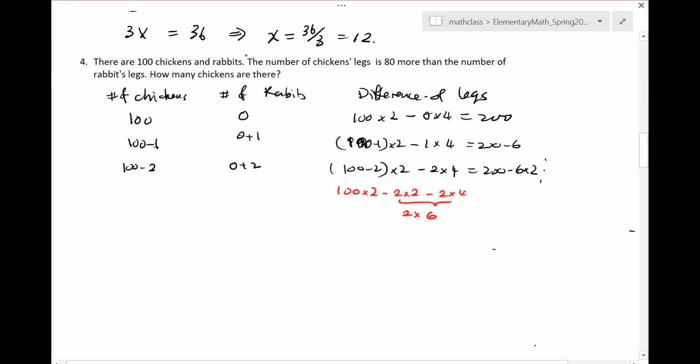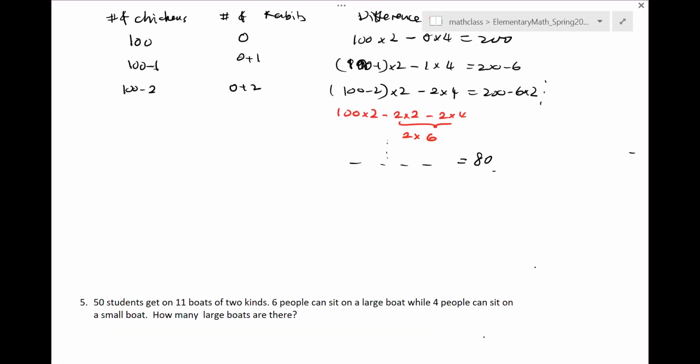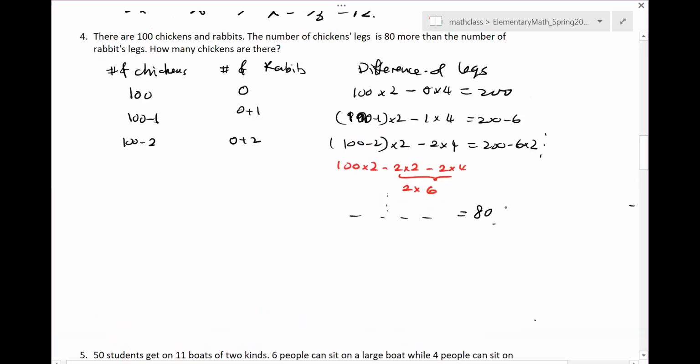So you want to get all the way down to 80, right? To 80, because this will be 80. Now, how can you get 80, right? You have to solve an equation. 80 is going to be 200 minus 6 times some number, okay?